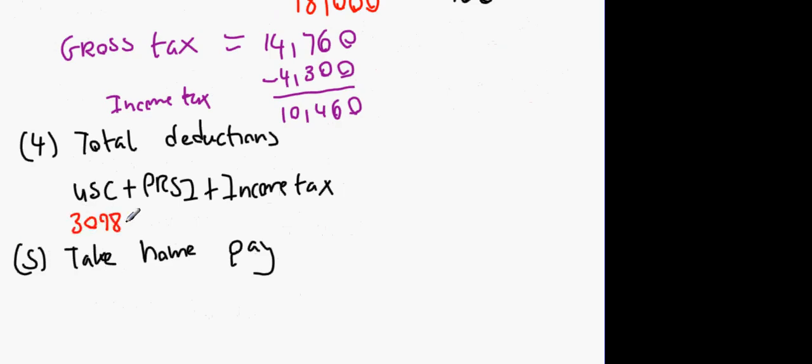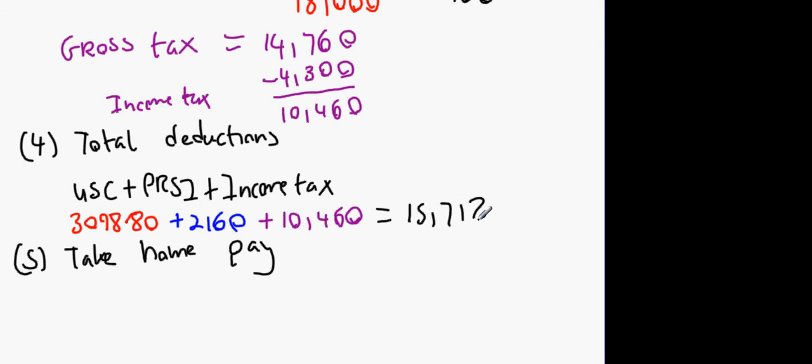The PRSI is 2,160. The income tax was 10,460. Add all three together and what you get? 15,718.80. That's your total deductions.